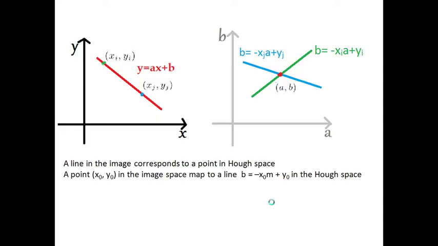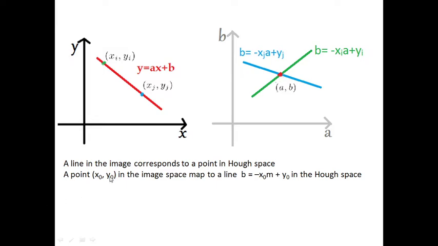Right, so the same thing I have projected here. This is my image space and this is my parameter space. A line in the image corresponds to a point in the Hough space. I have a line here in red, and this entire line can be represented with a single point in the Hough space, or the parameter space.